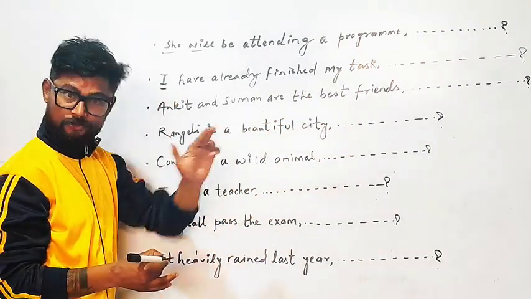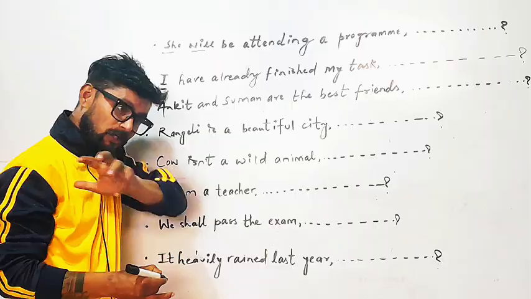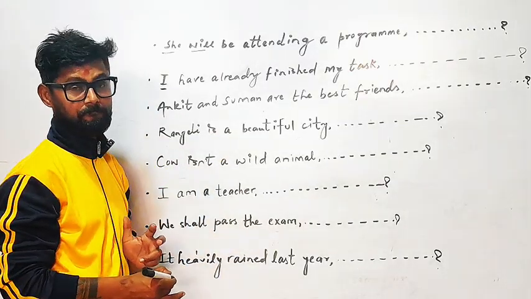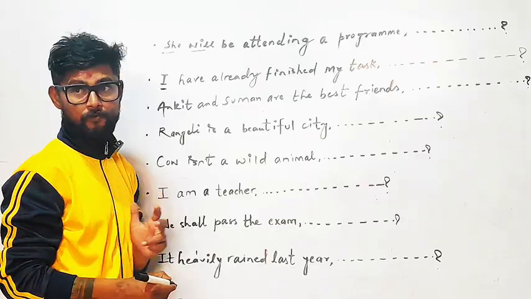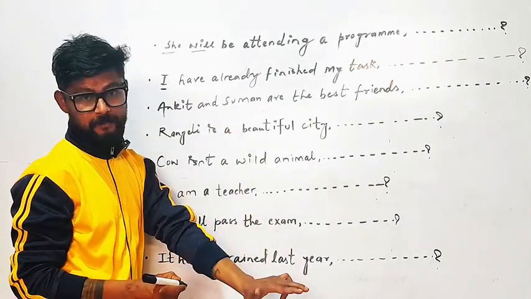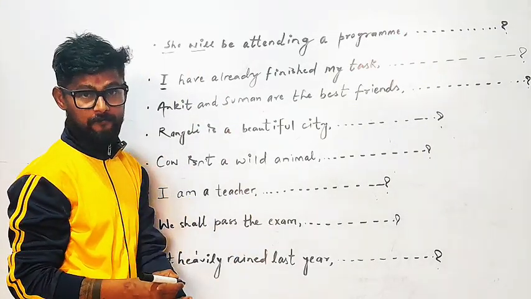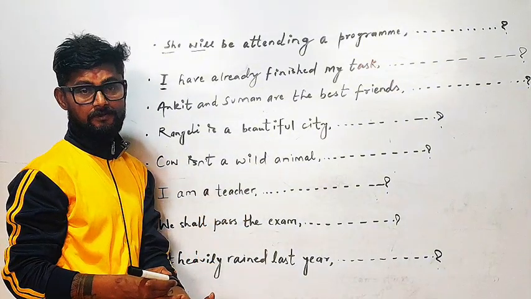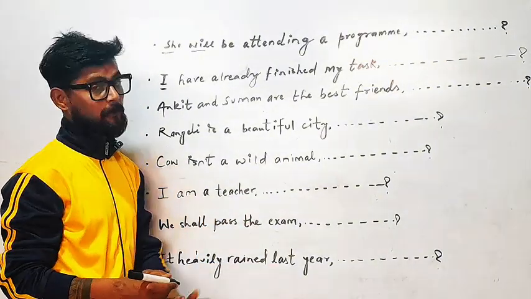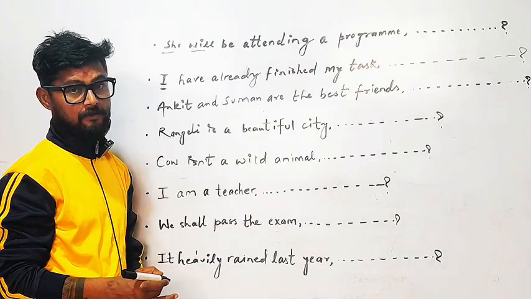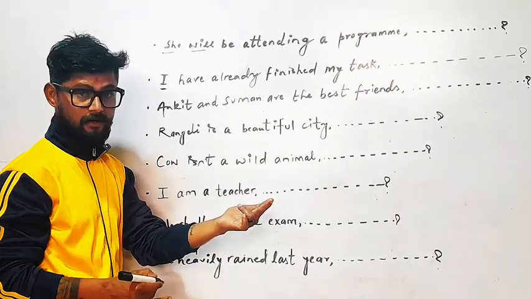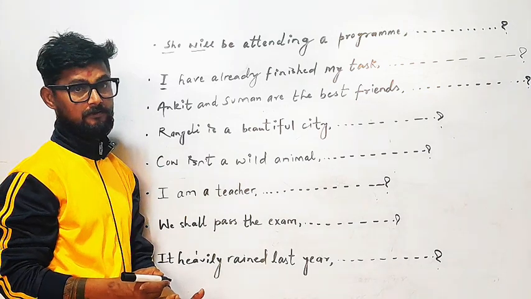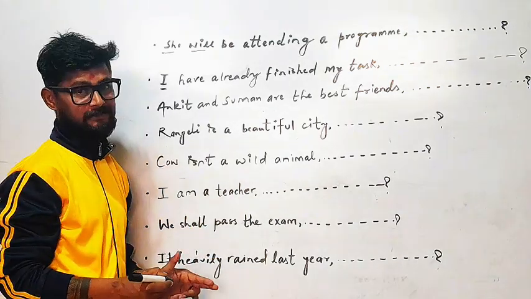So when we don't get auxiliary verbs in the sentences, at that time we might feel confused. But don't worry, there must be a main verb, because without the verbs, the sentences cannot be completed. We must use auxiliary verbs or main verbs to complete the sentences.